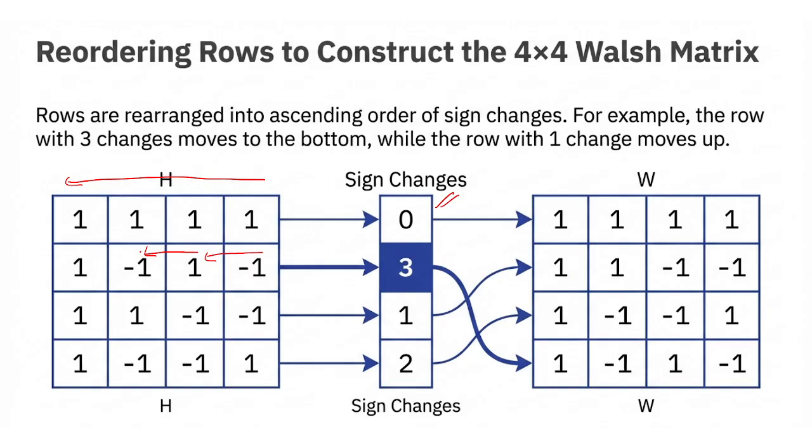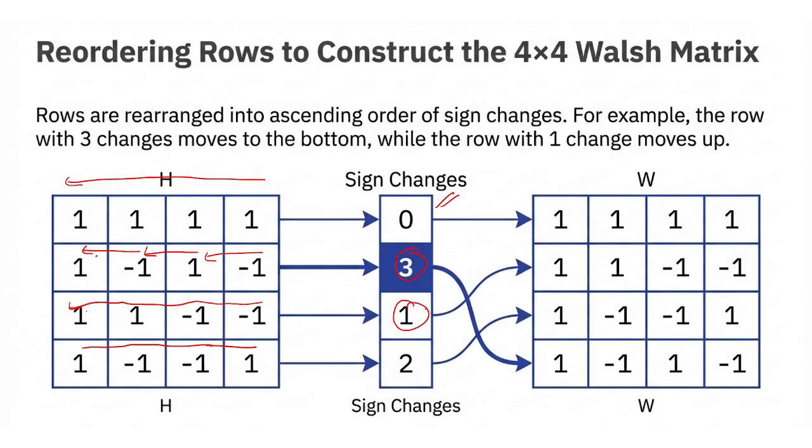There are 3 sign changes, so I have put 3. Then in the next one, no sign change, then there is a sign change, so there is 1 sign change. In the next one, again here to here there is 1, then it continues, then it comes over here, so there are 2 sign changes, so I have put 2.